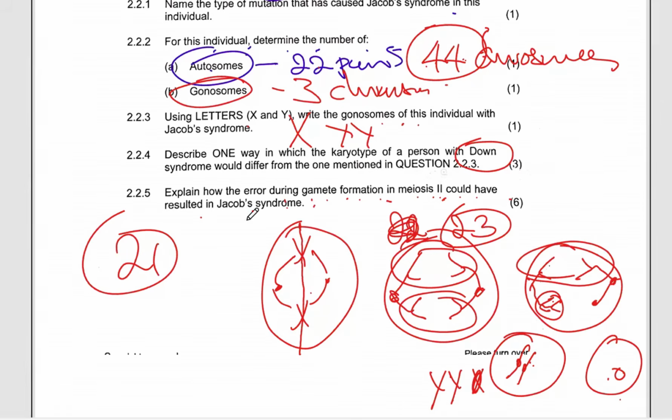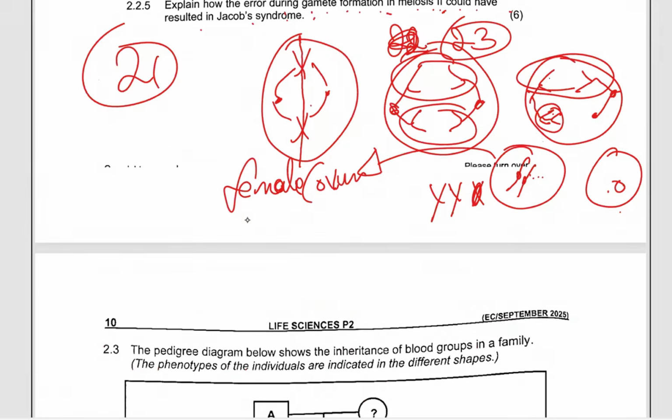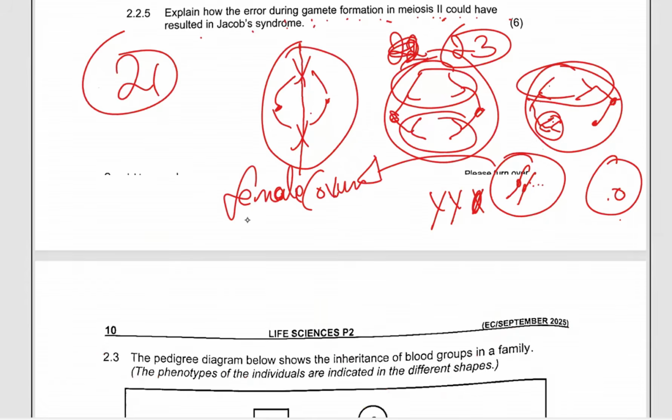So if this cell fertilizes a female ovum, what is going to happen? The ovum is going to bring X, so that this individual is going to have one X and two Y chromosomes. So basically here, non-disjunction occurs as the chromatids fail to separate at position 23.